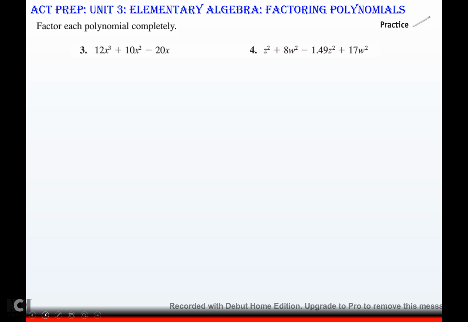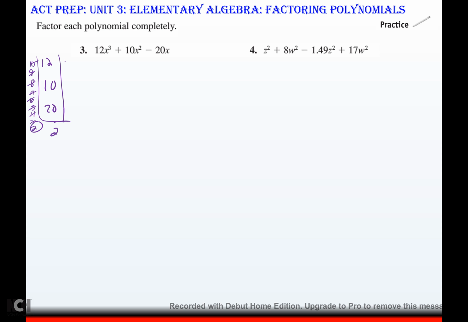Alright, so on 3, again, I'm going to look for a GCF. I got 12, 10, and 20. I'm going to start with 10 as the smallest. That don't work. 9, no. 8 doesn't go into all of them. 7, no. 6, no. 5, no. 4, no. 3, no. 2, yes. So my GCF is 2.